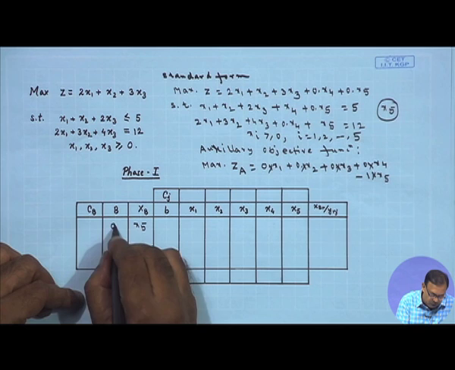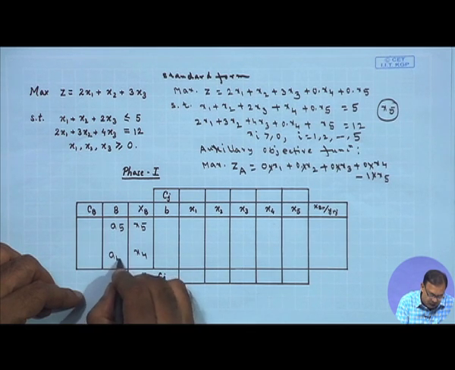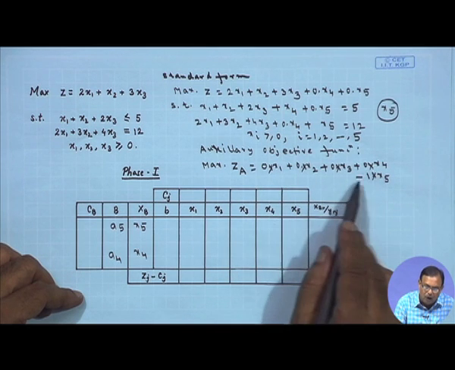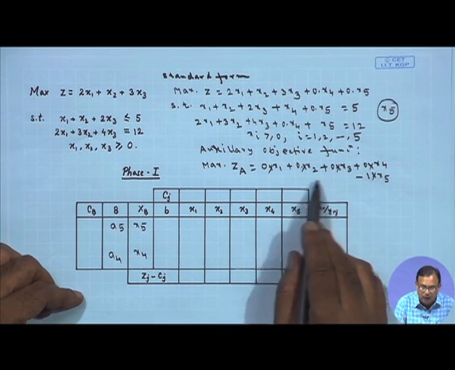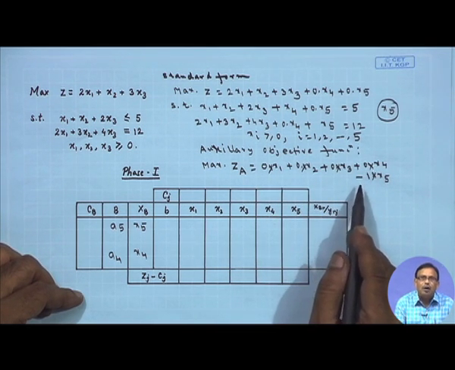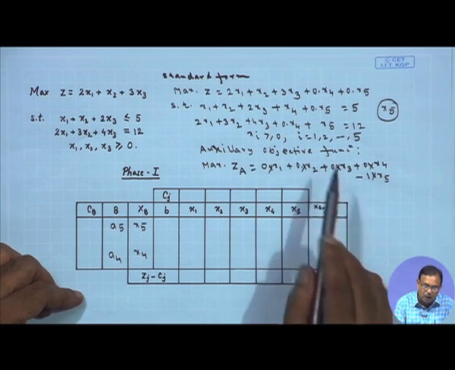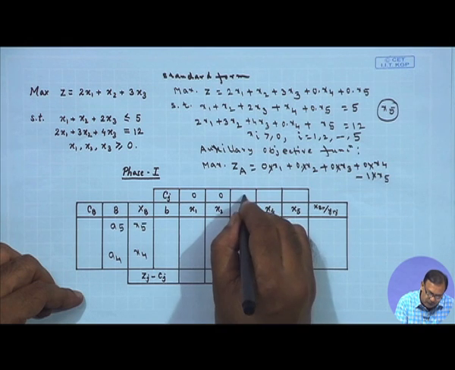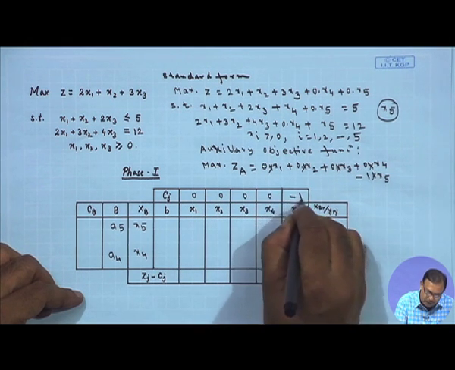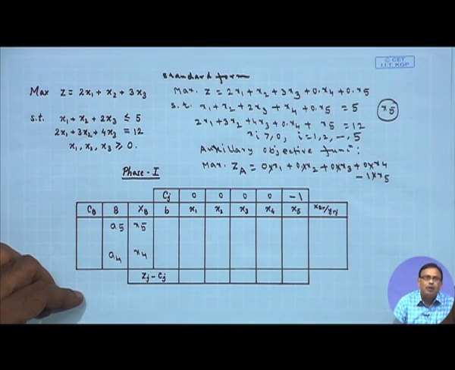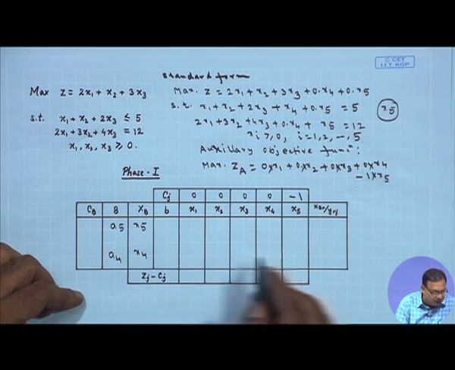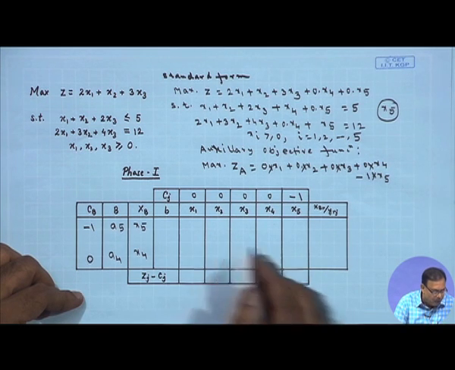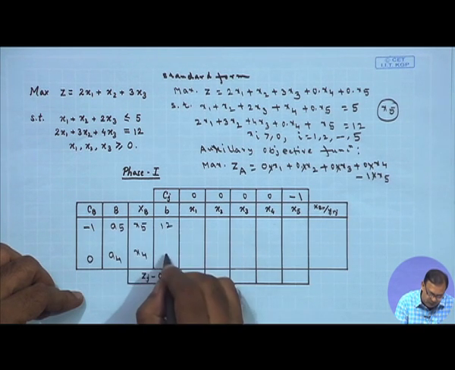The value of Cj is not the original one, but for the new objective function, that is the auxiliary objective function. So, for all variables it will be 0 and minus 1 only for x5. So, Cb here is minus 1 and 0, and your b values are 12 and 5.